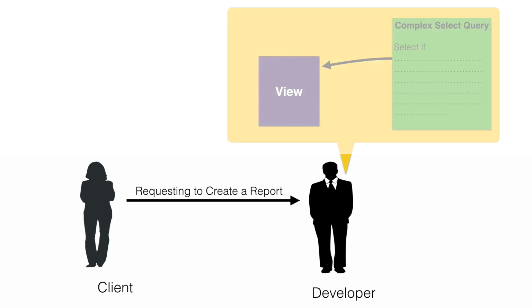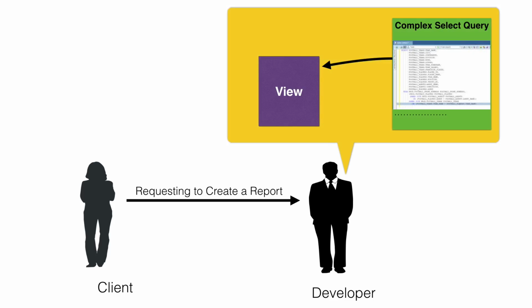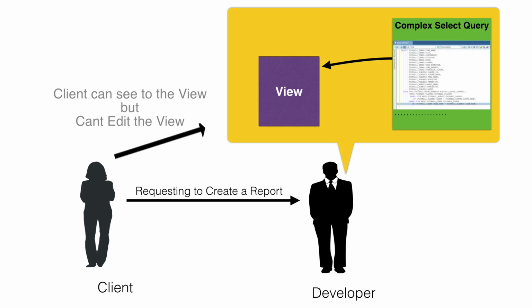Now what you will do is frame some select query based upon the client's business logic, put your select query inside the view, then give the view name to the client. The client just executes the view and sees their sensitive information, what they requested. We are only giving access to see their sensitive information, but not giving access to modify, delete, or insert any row in this report.